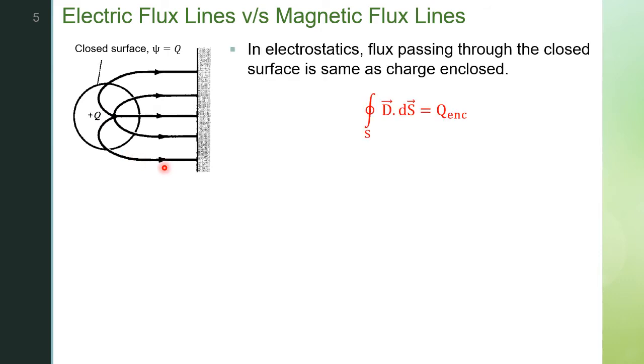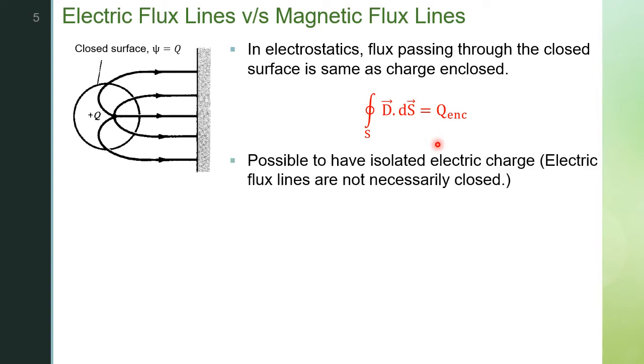In electrostatics, according to Gauss law, if you have a closed surface, the amount of flux crossing that closed surface is equal to the charge enclosed. That is, closed integral over S of D dot ds is equal to the charge enclosed. That was the property in electrostatics.